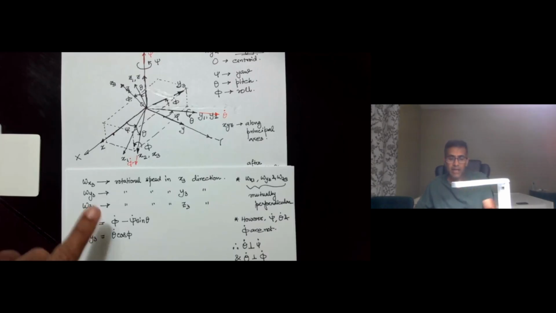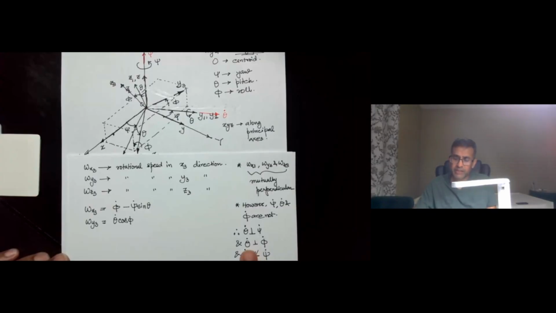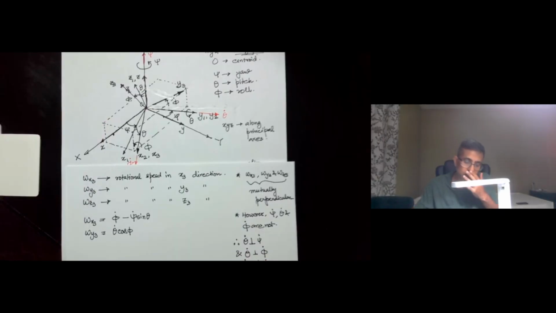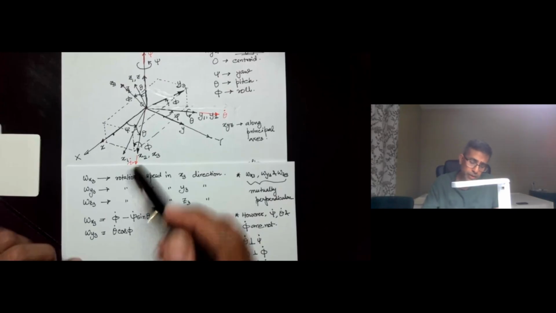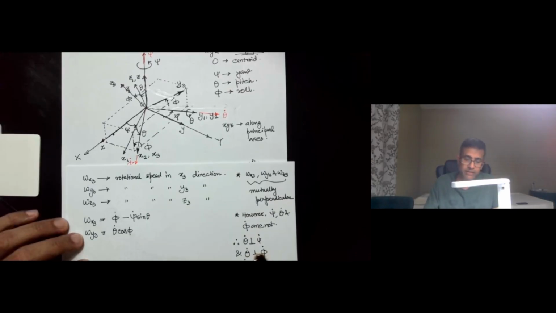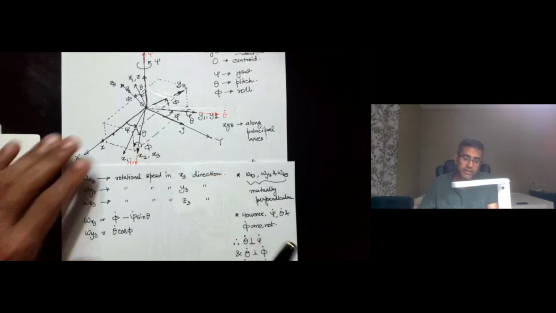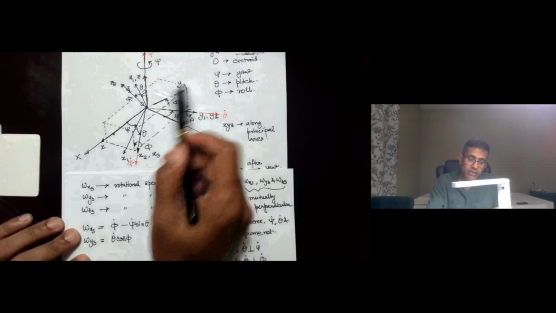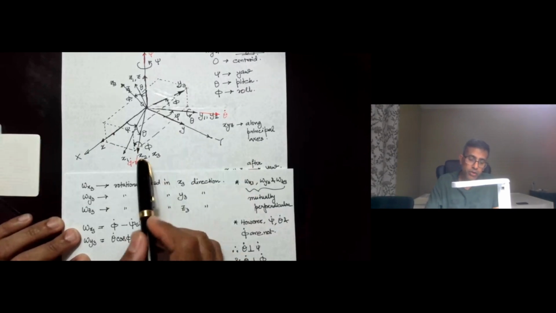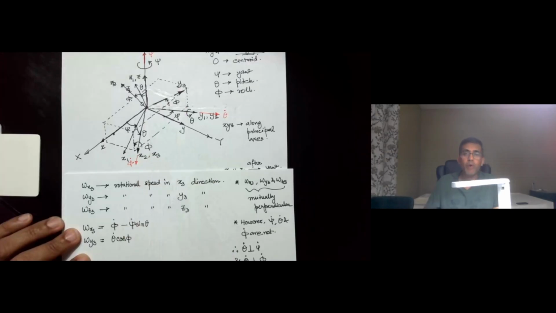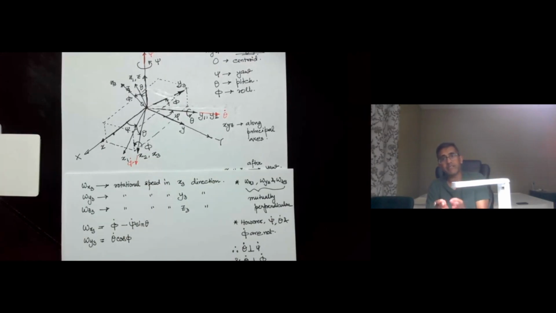Now, we know from our previous observation that theta dot is perpendicular to phi dot. When we go to find the component of phi dot along this y3 direction, we make a note that phi dot is in the x3 direction, which is perpendicular to the y3 direction, because x3, y3, z3 is a triad.